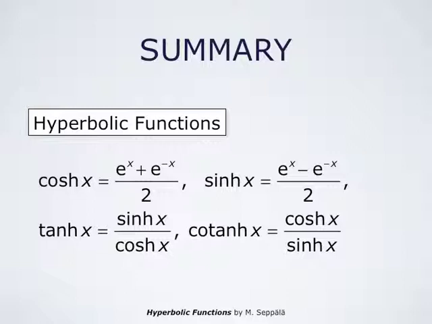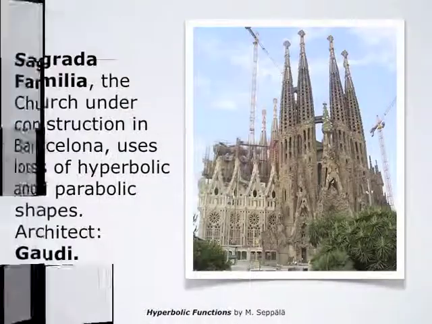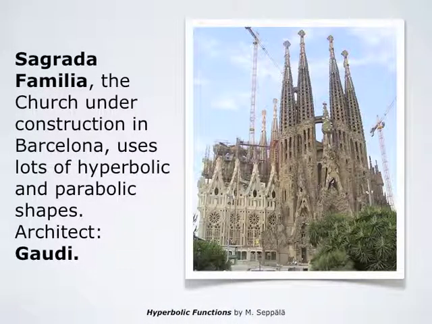These functions are important, foremostly because the graph of hyperbolic cosine is the catenary curve. Here is the church Sagrada Familia, which is still under construction after 100 years of starting the construction. The church uses lots of hyperbolic and parabolic shapes. The architect here is Antoni Gaudí.